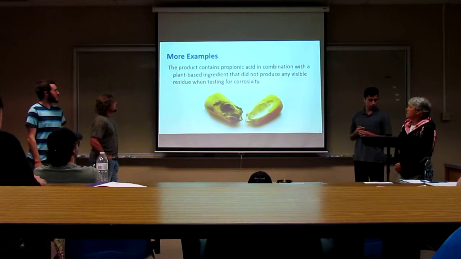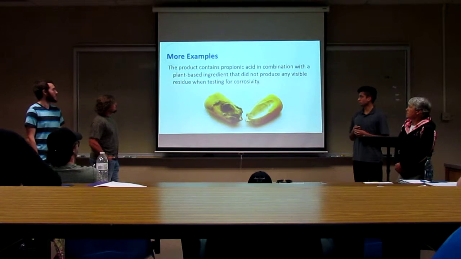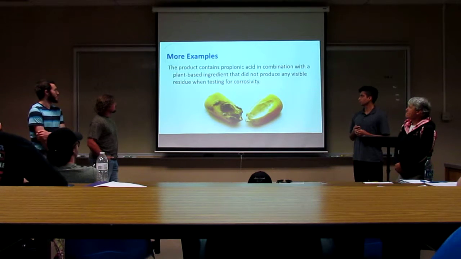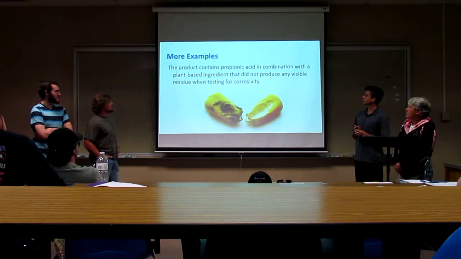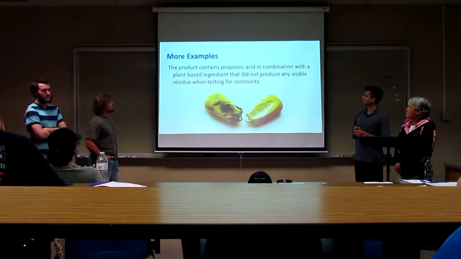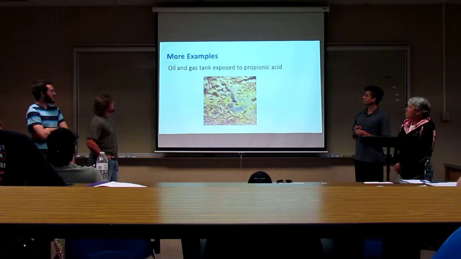The product contains propionic acid in combination with a plant-based ingredient that did not produce any visible residue when testing for corrosivity. That's a piece of corn. They tested with propionic acid, and it shows what happened to it. Oil and gas tank exposed to propionic acid.